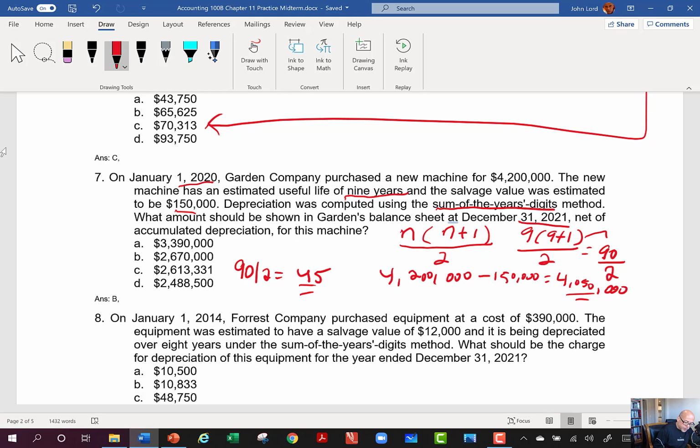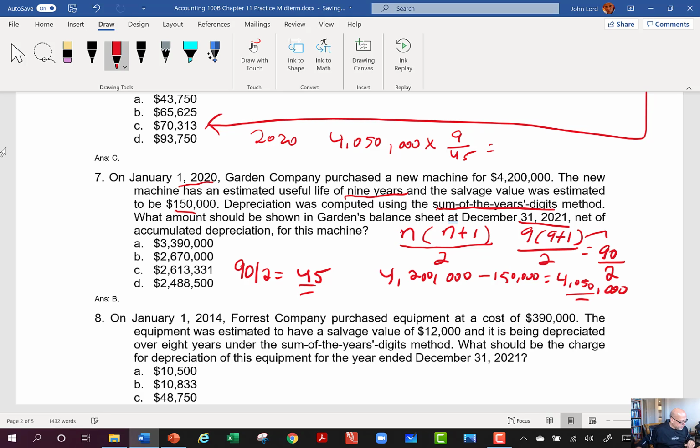For my first year, 2020, now I'm going to take 4,050,000 and multiply it, and for the first year I multiply it by 9/45.